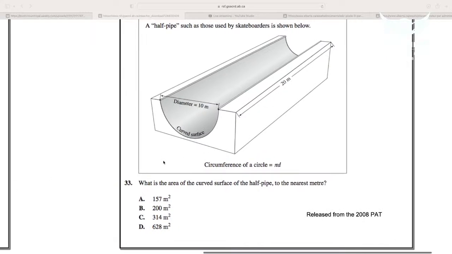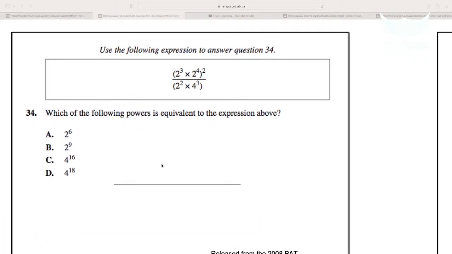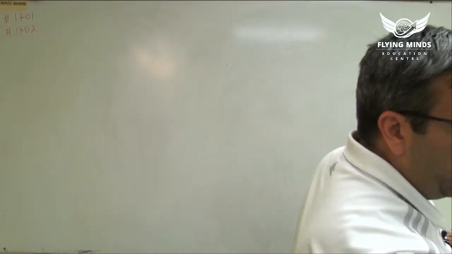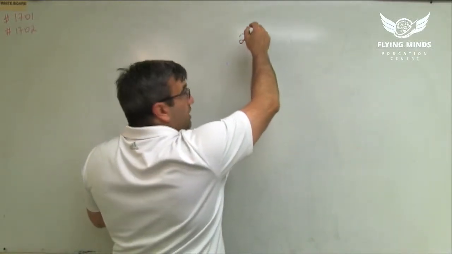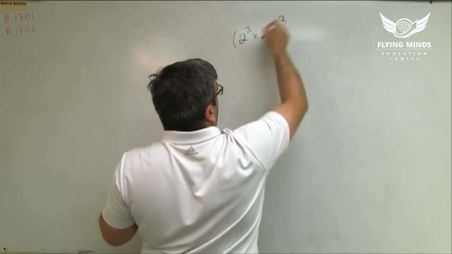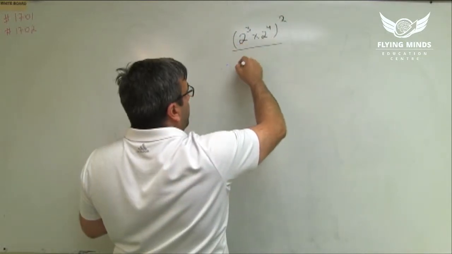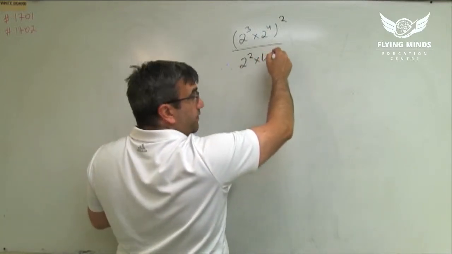Okay, let's move to the next question. This question is for exponent rules. You'd better be good at this, not just for PAT, but in general. So we have 2 cubed times 2 to the power of 4, everything squared, divided by 2 squared times 4 cubed.